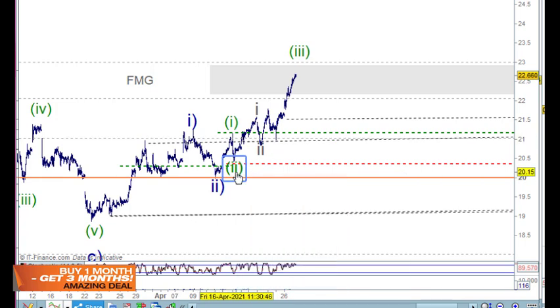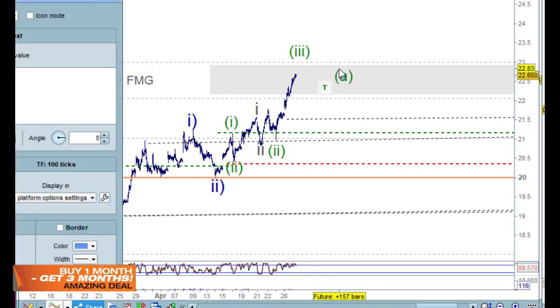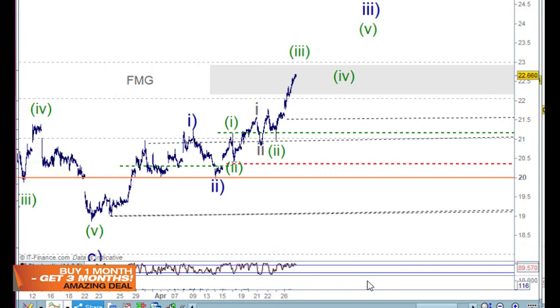So I could put green wave 2 here. I'll just have to mull that over. But look, it doesn't really matter. We still need 4, 5 just for wave 3 here. So if you're looking for something to buy still, then this is the go.